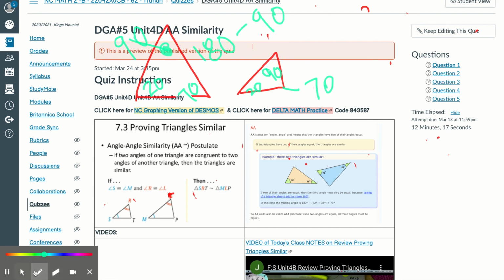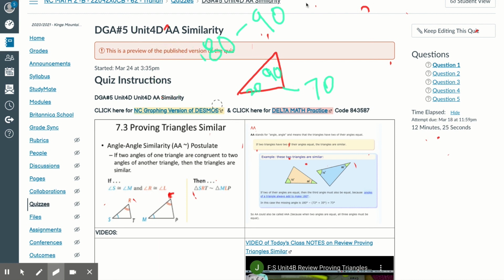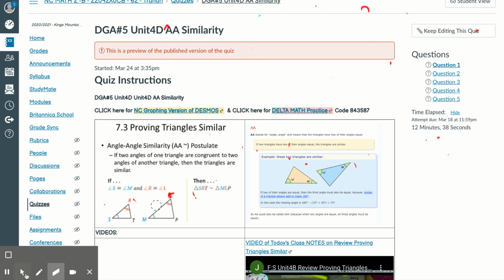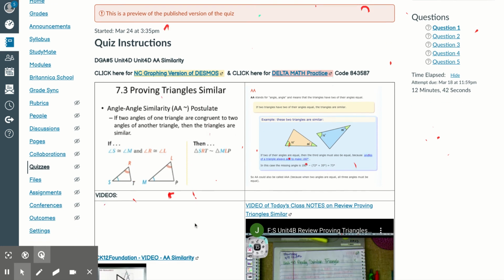Now, if you come across any triangles that even after you tried to figure out any missing angles they weren't the same angles, and you had no evidence that they did have two angles congruent, then you would have to say that your two triangles are not similar. That would be your response, that you do not have similar triangles.